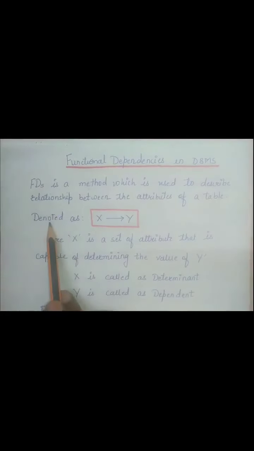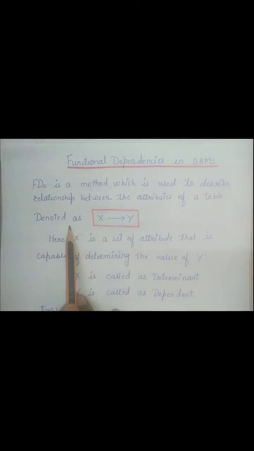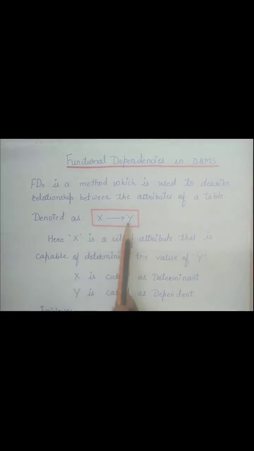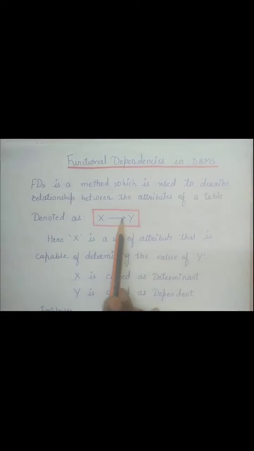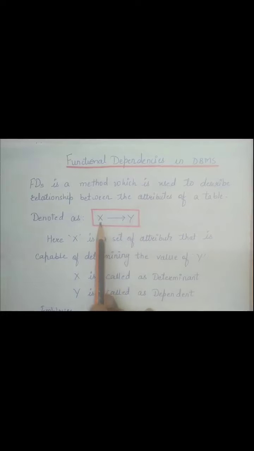How is it denoted? It is denoted as X goes to Y. This arrow indicates functional dependency. Now what are X and Y?